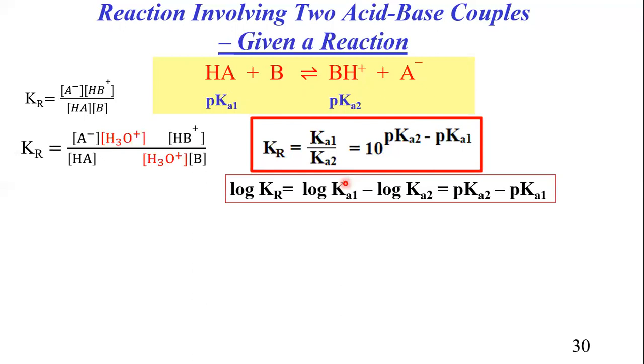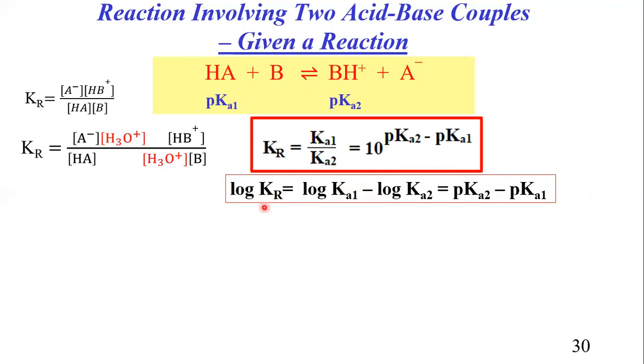Let me just go through, because sometimes we can easily get an expression with a pKa. It also really helps. Take the log of both sides of this expression. So this will be log Kr equals log Ka1 minus log Ka2. What is the minus log Ka2? That is pKa2. And log Ka1 is minus pKa1.